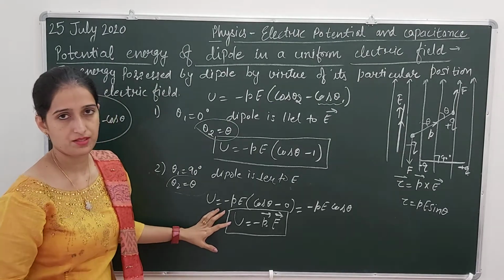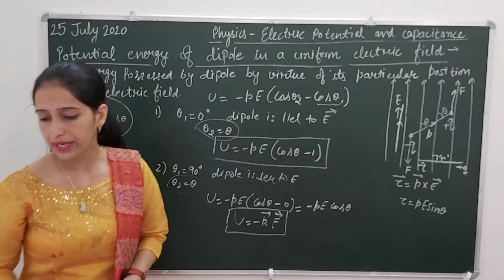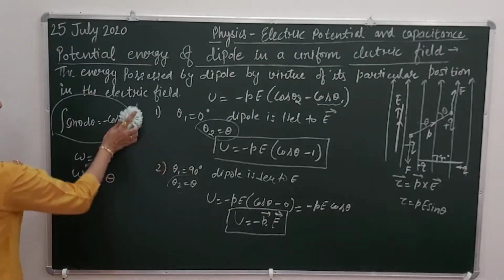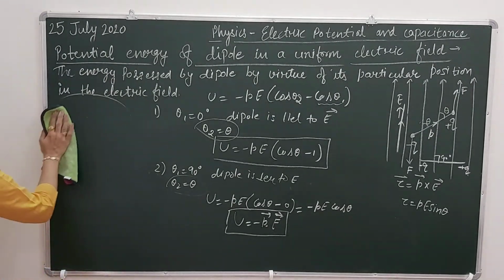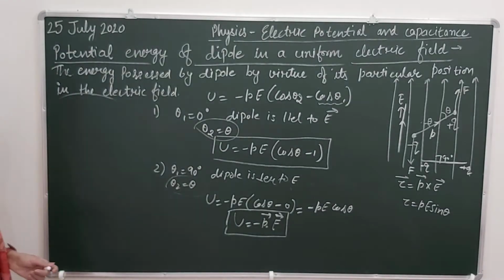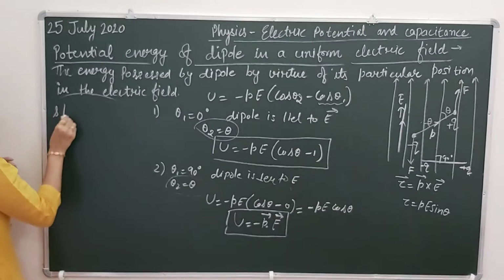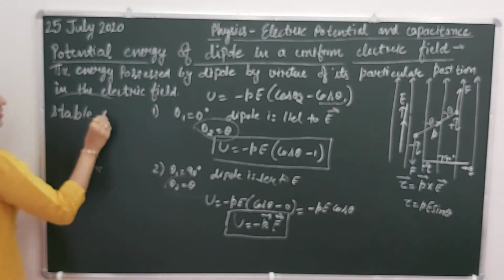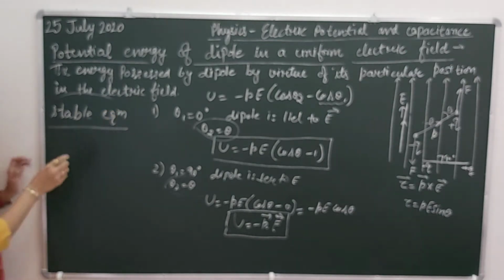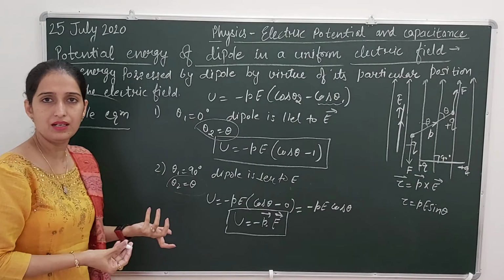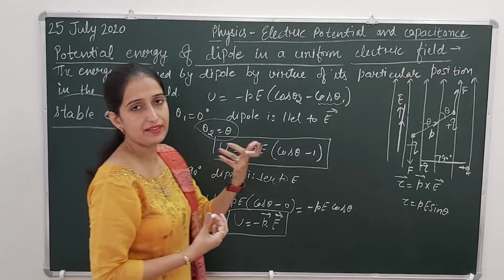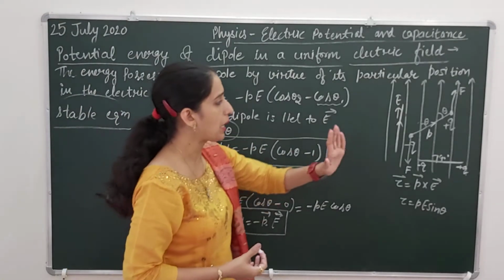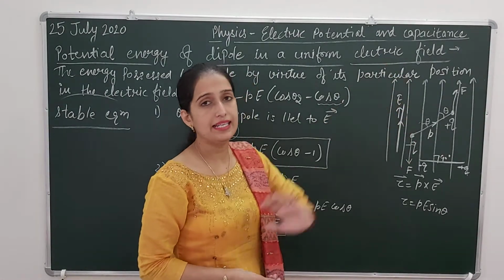So this is this. Now one more point is there, the equilibriums: stable equilibrium and unstable equilibrium. Stable equilibrium means the dipole is going to be stable, with no force and no work acting on it. When can it be possible? When the dipole is parallel to the electric field.